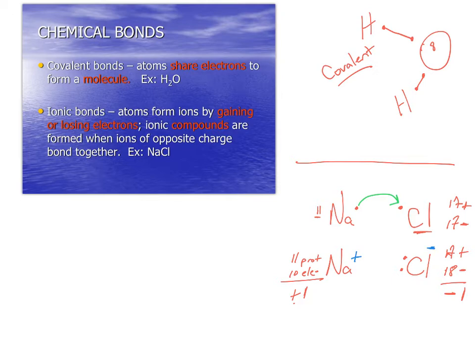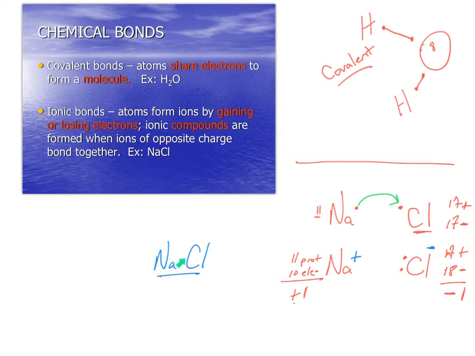Well, what does a positive do to a negative? I hope you say they attract. So whenever the sodium is near the chlorine, they kind of stick together like magnets. They're not sharing electrons, so it's not as strong a bond as this covalent bond up here, okay?